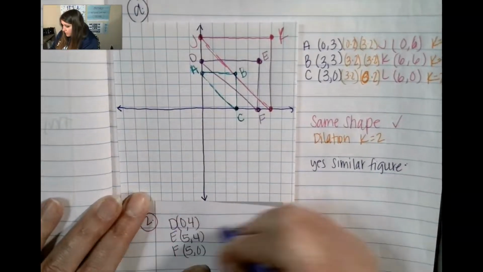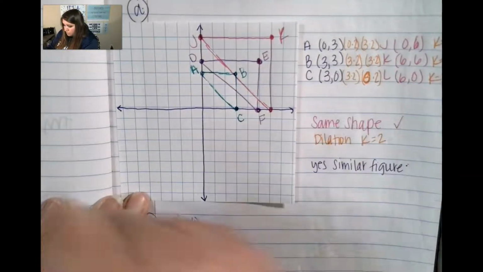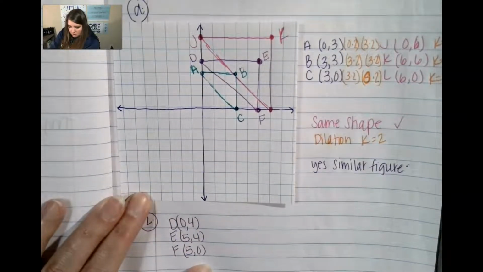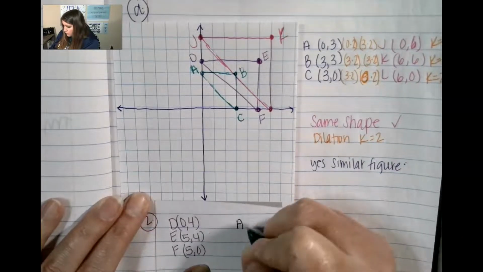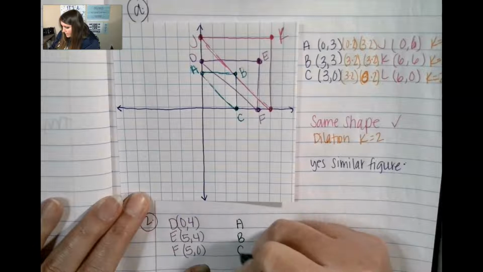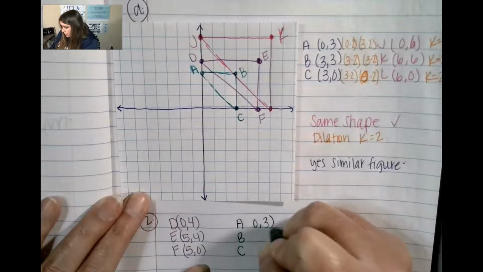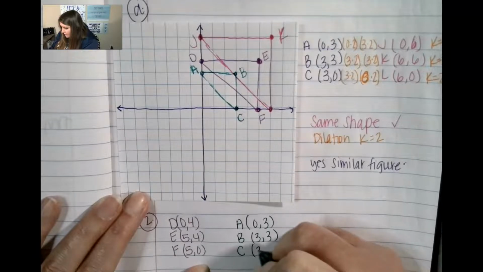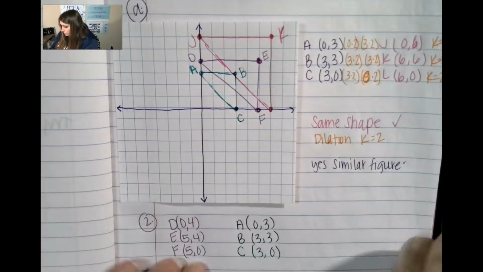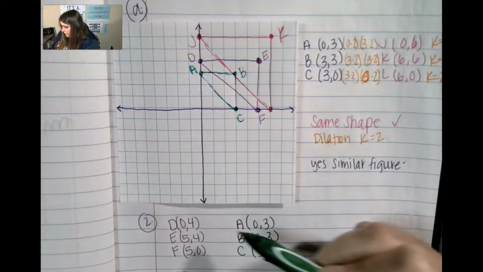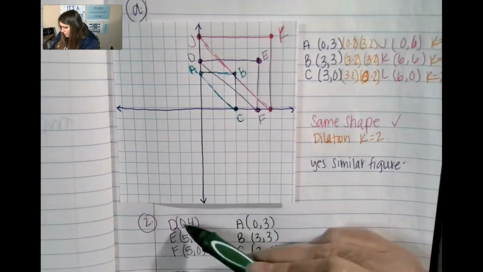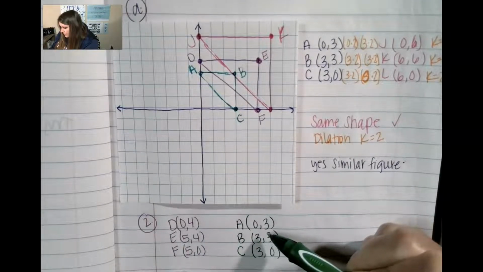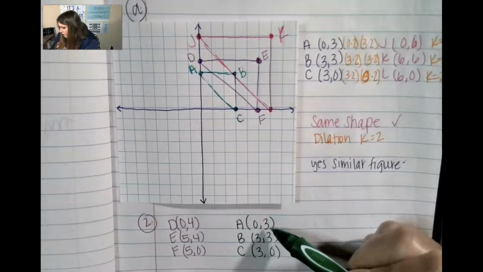So if I go from here to 0, 3, 3, 3, so if we compare it to triangle A, B, and C, we'll have 0, 3, 3, 3, and 3, 0. So 0, oh, that doesn't give us anything to multiply by.